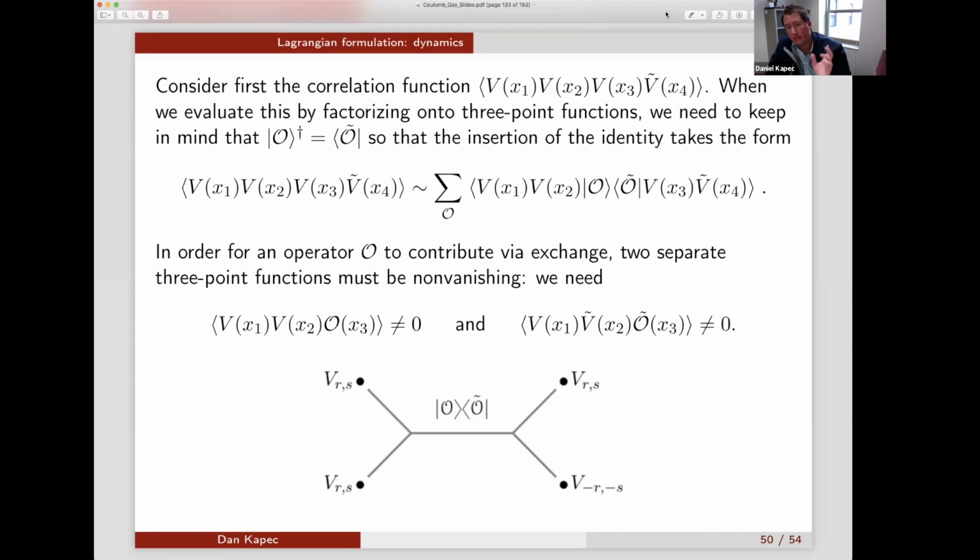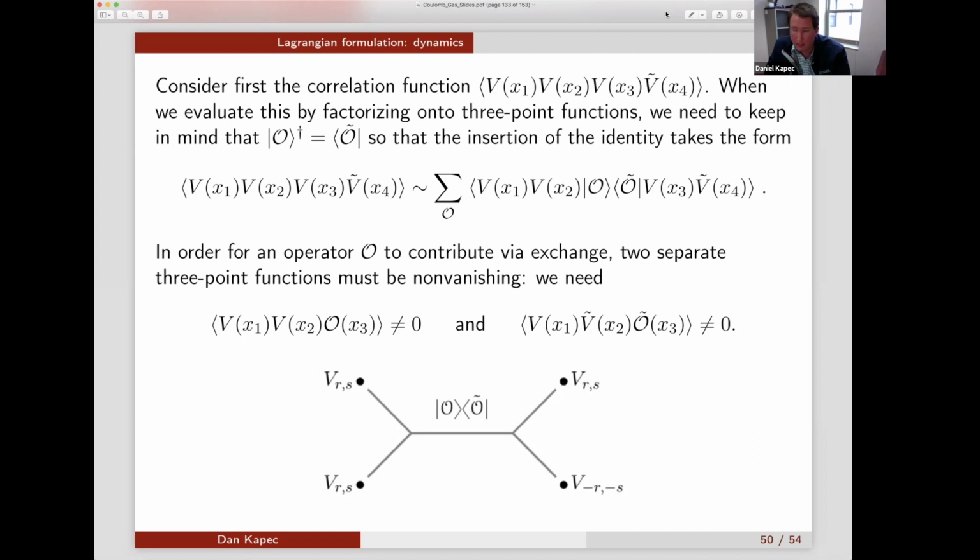So the key point, what makes it possible, is that if you consider factorizing a 4-point function onto 3-point functions, because of this funny charge asymmetry in the model, the thing which you're inserting is really O tilde, not O with O. So the OPE coefficients that enter are not OPE coefficients squared, but products of two OPE coefficients, one which involves the operator and the other which involves its reflection.